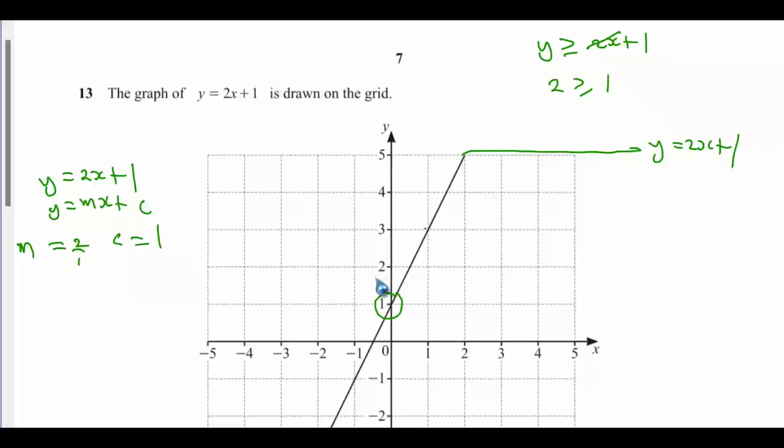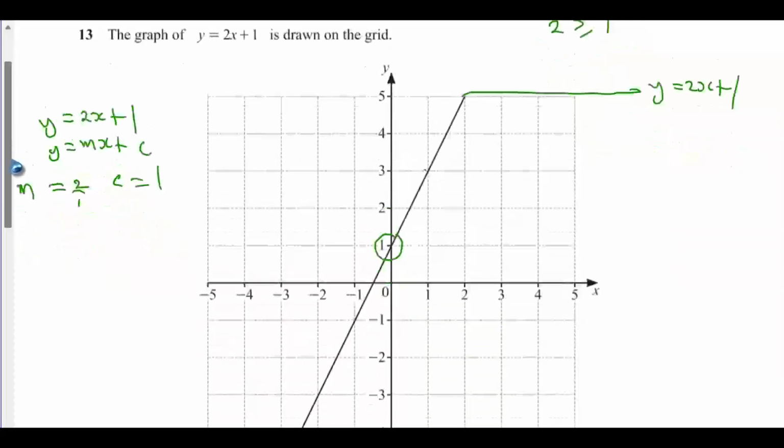So that means this particular point, x equals 0, y equals 2, satisfies the condition. So the wanted region will be above this. We need to shade the unwanted region, and that will be below the line.